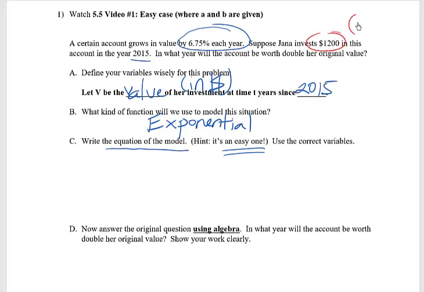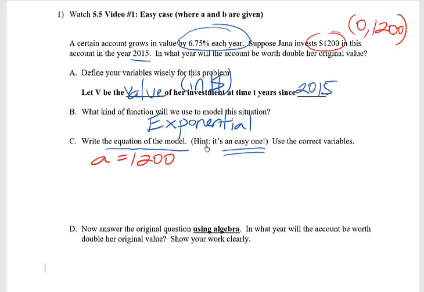In other words, (0, 1200) is a point on my model. 0 years since 2015, in other words, in 2015, the account was worth $1,200. So A is 1,200.